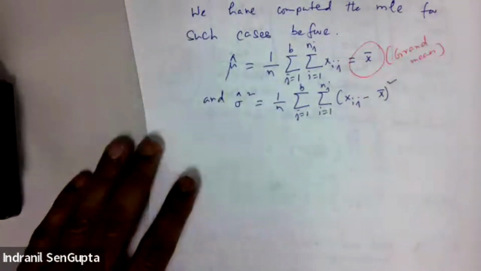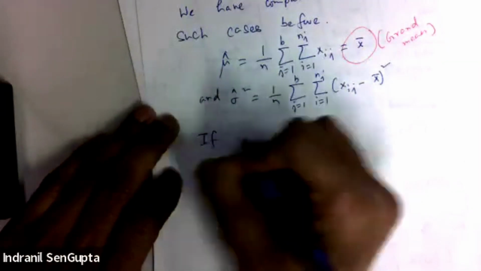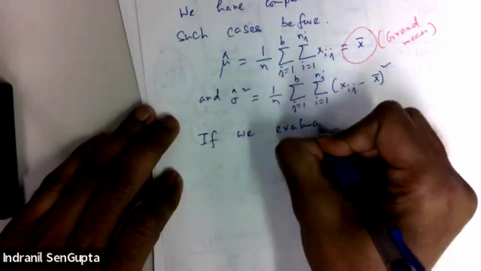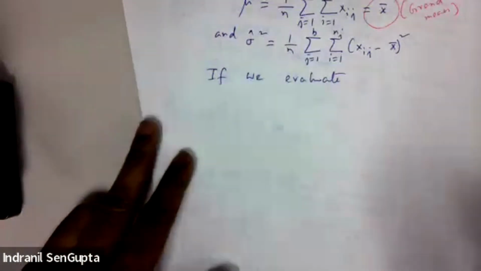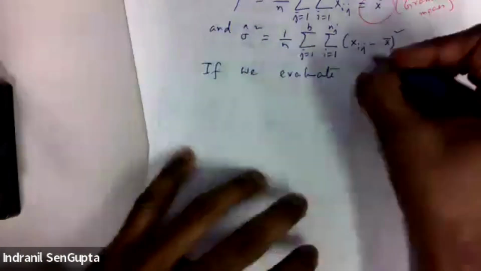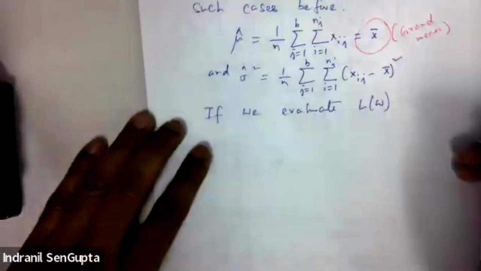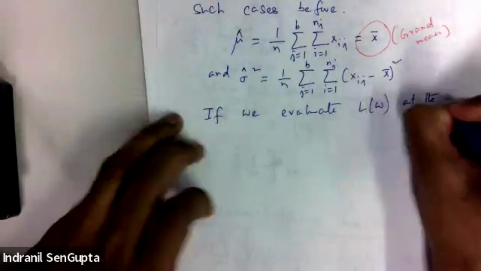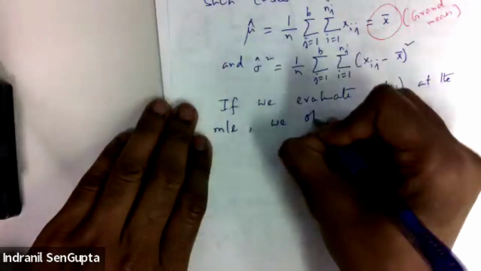Now, if we evaluate the previous one, namely this one, L of omega, at these MLEs, the maximum likelihood estimates, we obtain something.